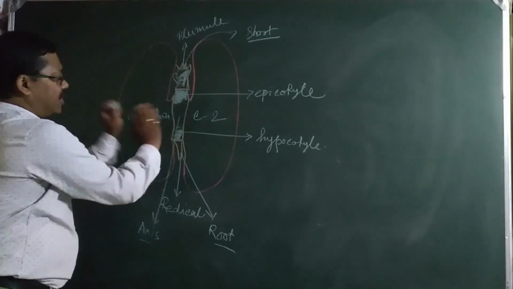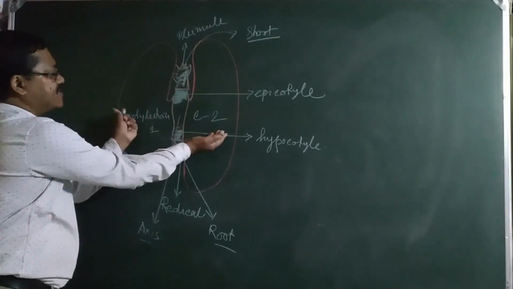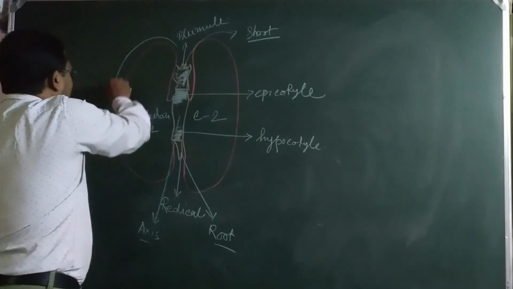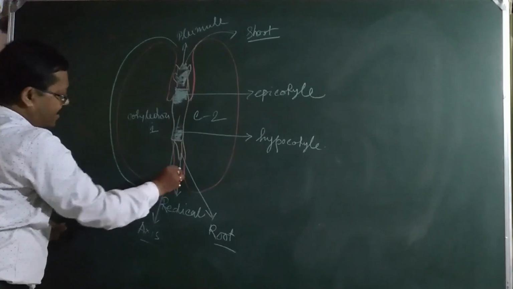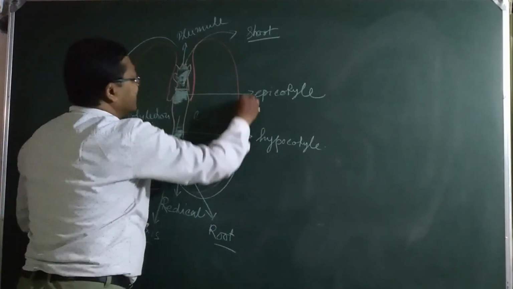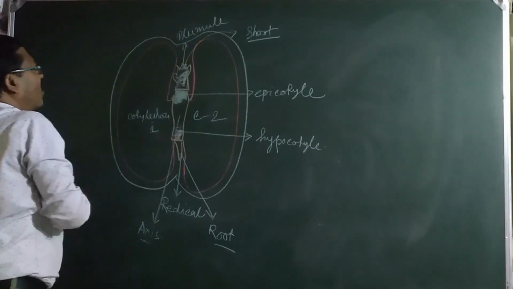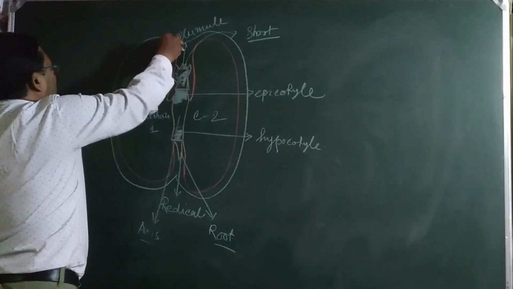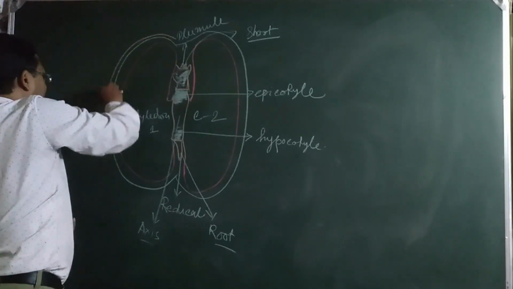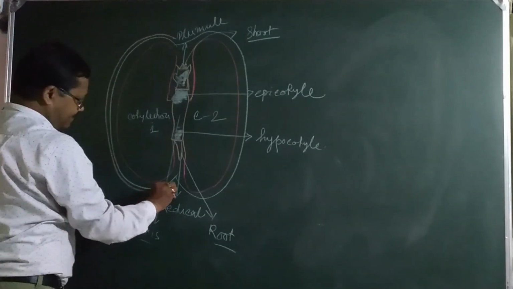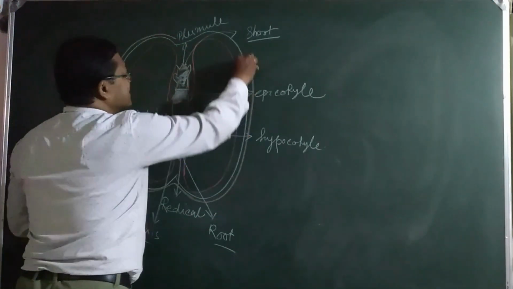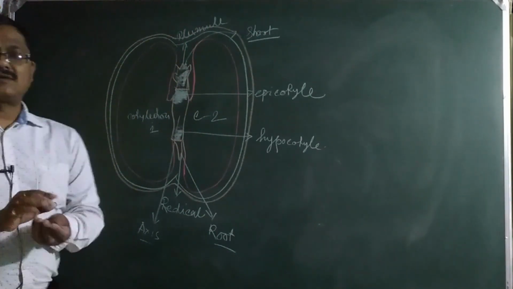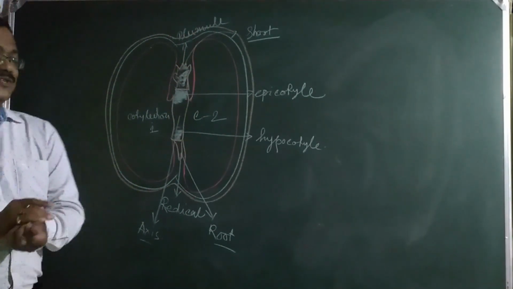The cotyledons remain in a folded condition, covered by the inner tegmen and outer testa. This is the main structure of the dicot bean seed.